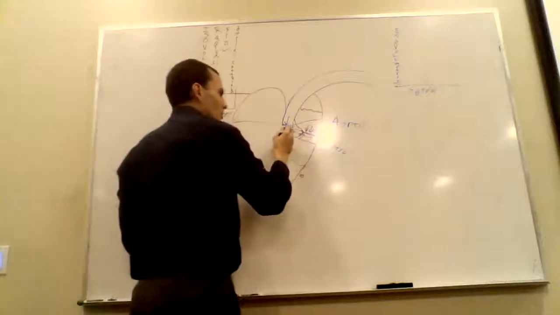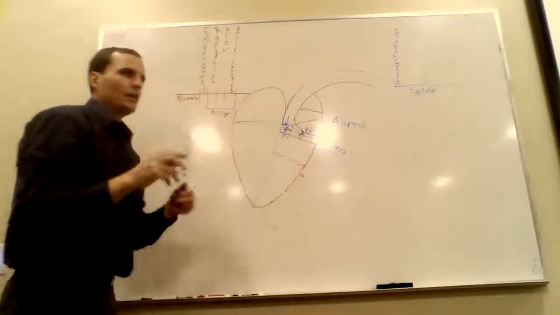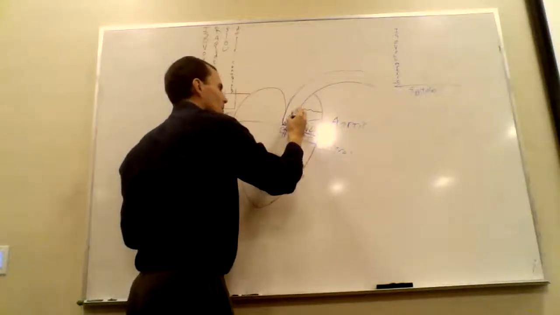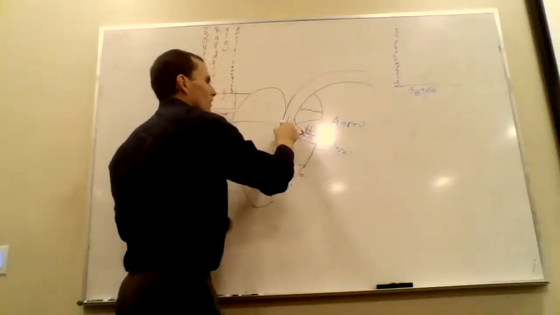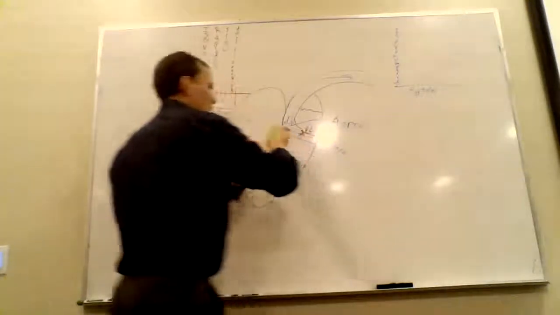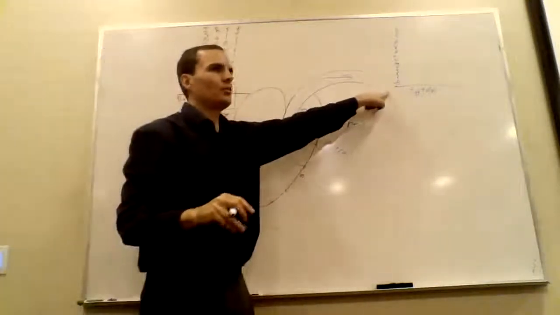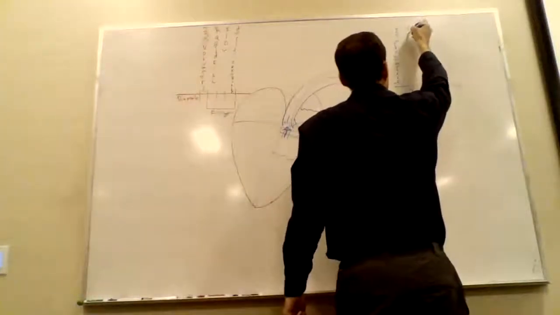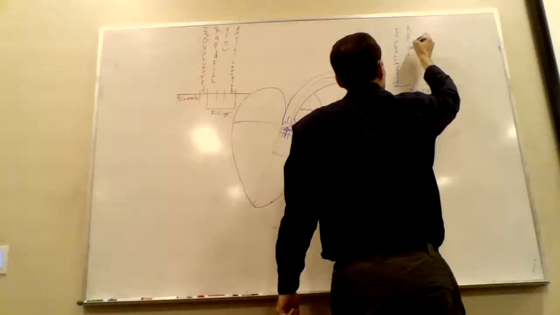Still doesn't open. We push harder, and finally we have enough to pop the valve open, and all this pressurized blood squirts out rapidly. When it wasn't moving, that's isovolumetric: no movement, no volume change. Then squirt, or rapid ejection.